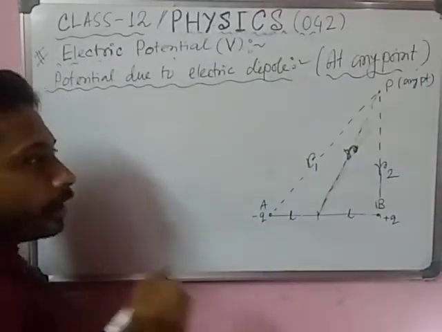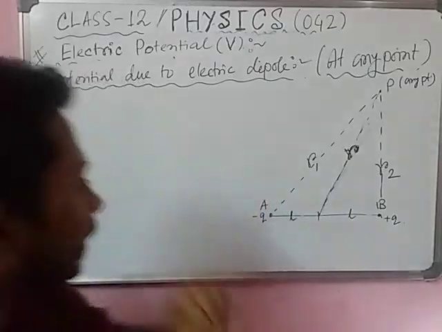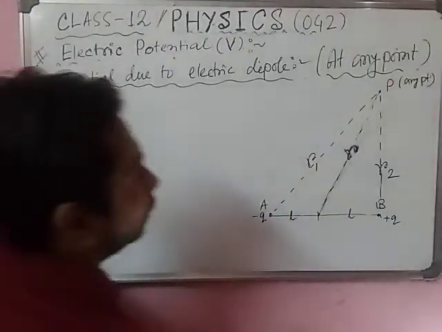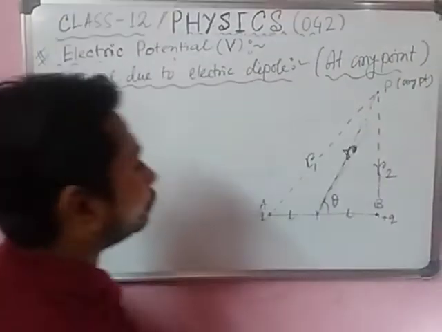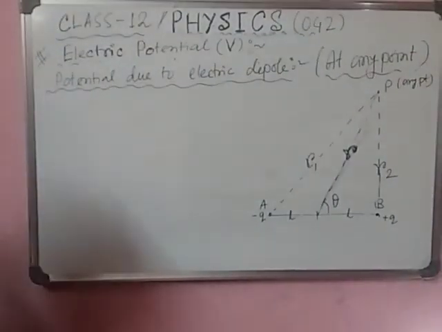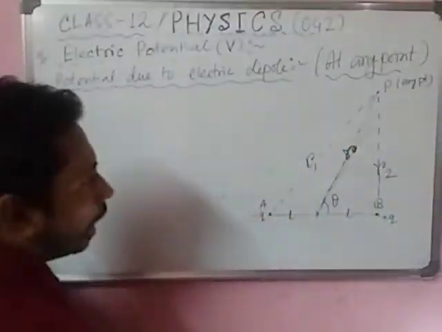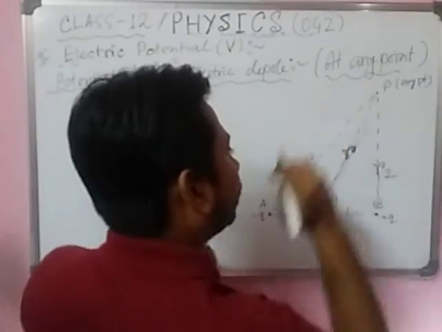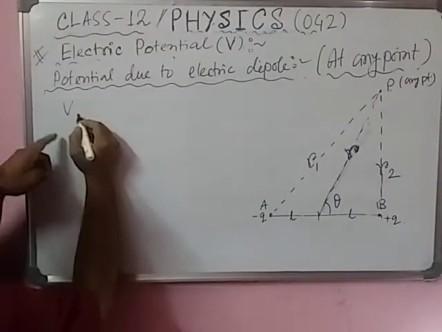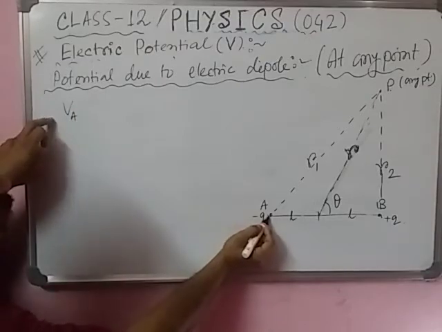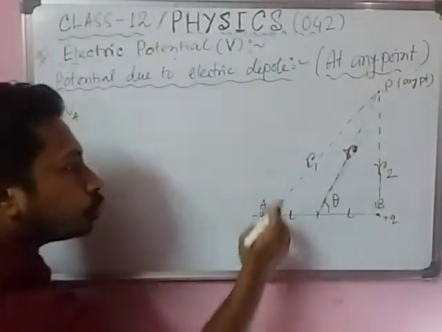Now this part, student, please listen very carefully. Suppose you want this distance and you have just theta. Then what will you do to get the distance of AP? Suppose you want to find VA, the potential due to A at the point P, due to which charge?